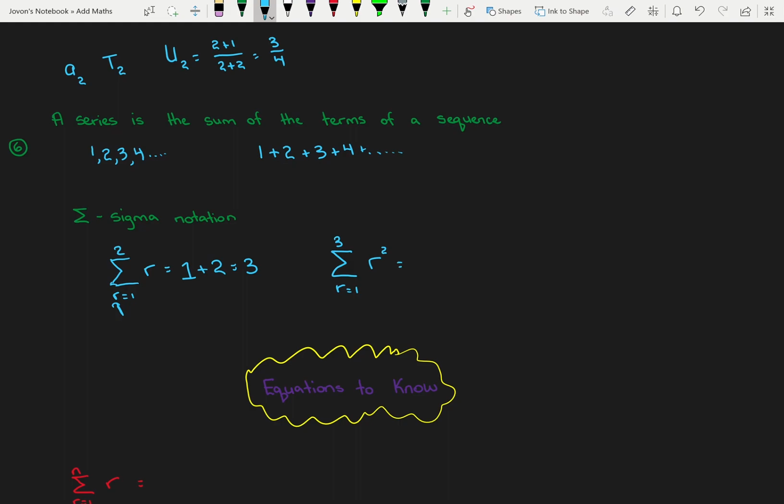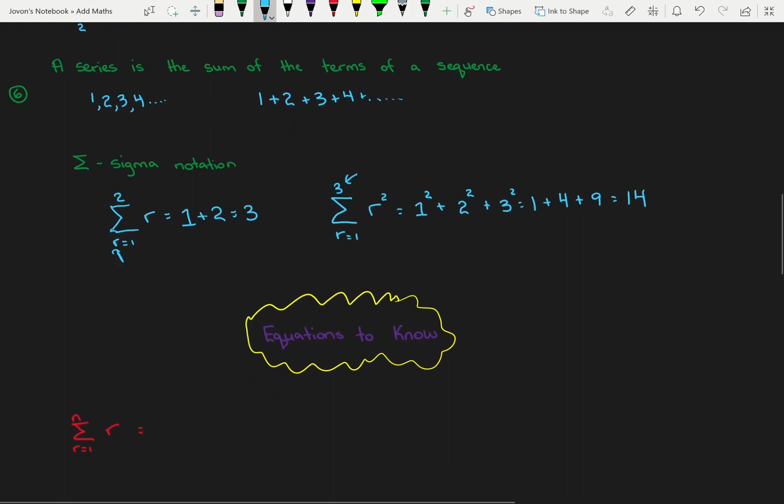What this means is that you're taking 1 squared plus 2 squared plus 3 squared, until you reach this value of 3, which is equal to 1 plus 4 plus 9, which is equal to 14. That is all that this means.